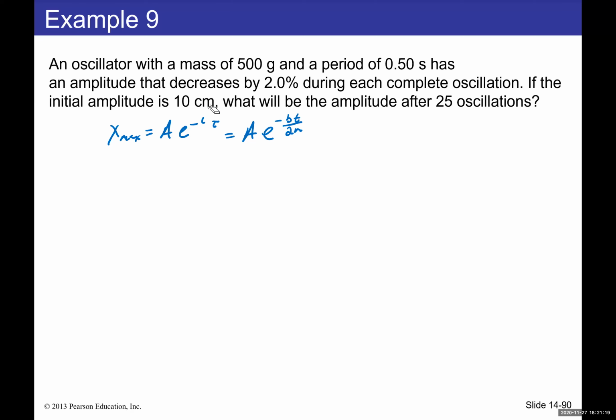Let me rewrite this: it's t over 2 tau. That means, if I use this equation, I have x max equals A e to the negative t over 2 tau. And in order for me to get the information about the time, or the tau, I need to take a ln of both sides.